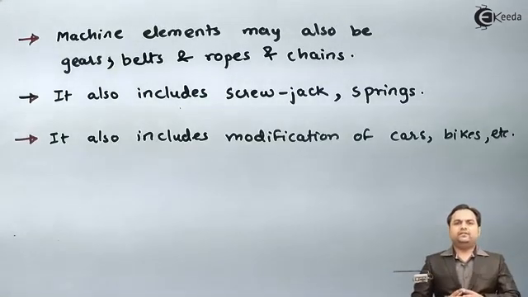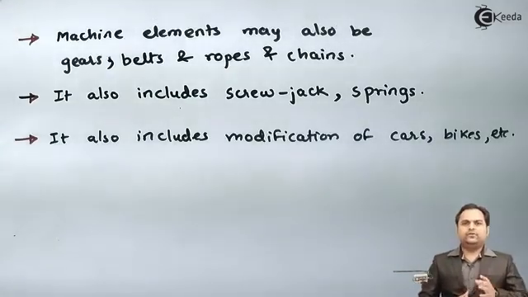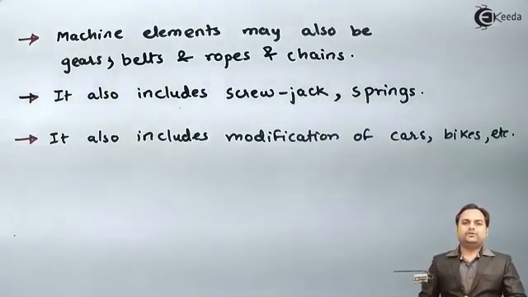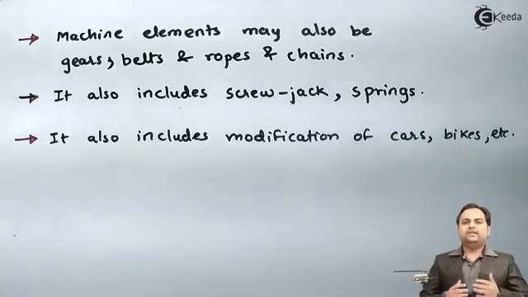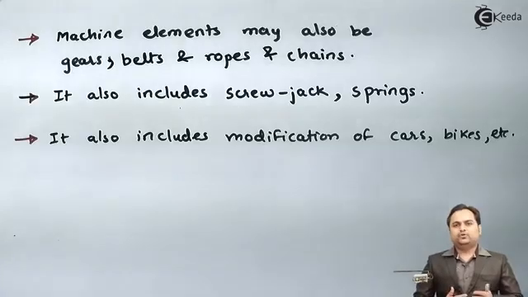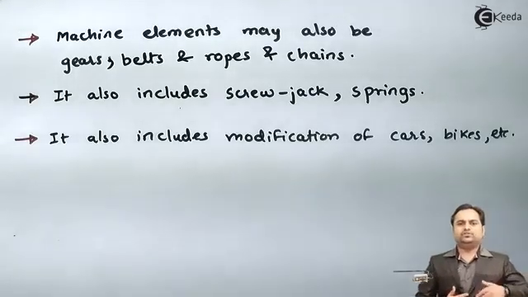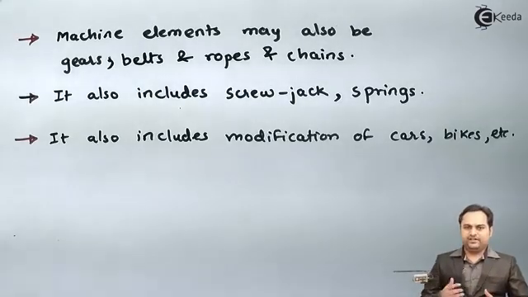To design such vehicles, we require the knowledge of machine design, because we would be modifying the existing design of that vehicle. So without machine design, we cannot proceed in the modification of a vehicle.